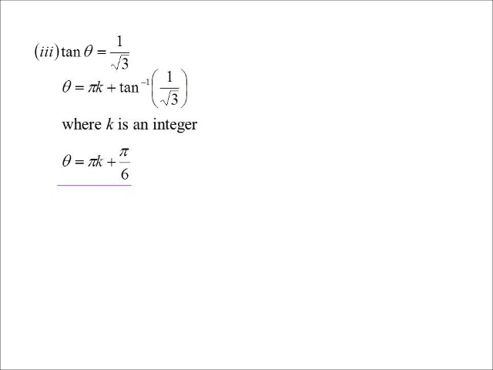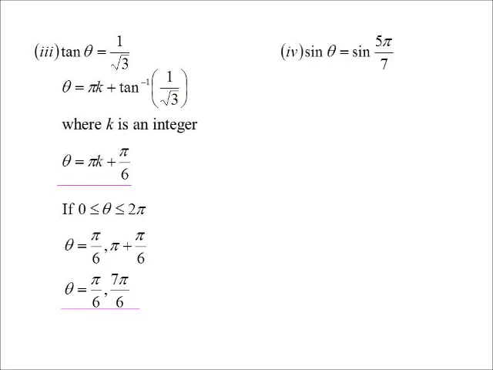Pi on 6, so pi k plus pi on 6. If we're in between 0 and 2 pi, if I sub 0 in, I'll get pi on 6. Sub 1 in, I'll get pi plus pi on 6. Sub 2 in, I'm going to get 2 pi plus. Well, now it's too big, so I'll stop at pi plus pi on 6. So pi on 6, 7 pi on 6.